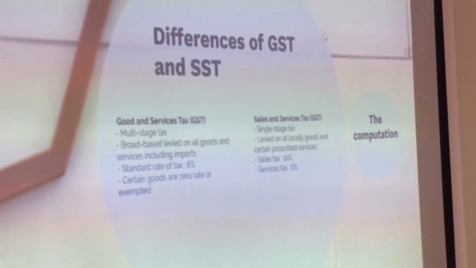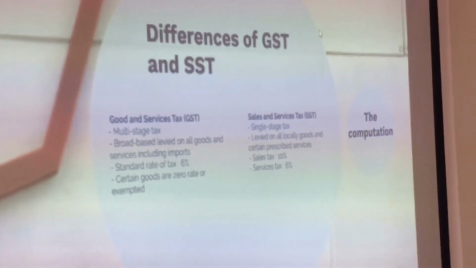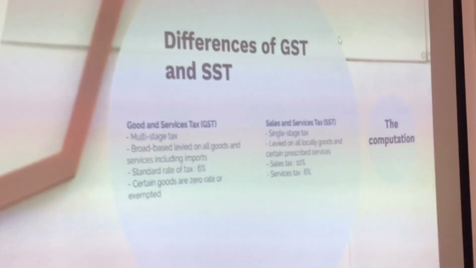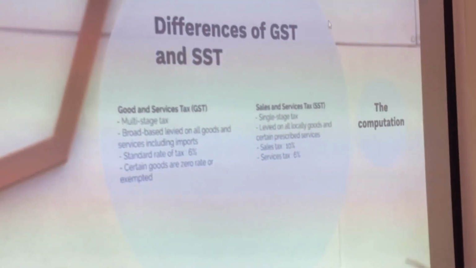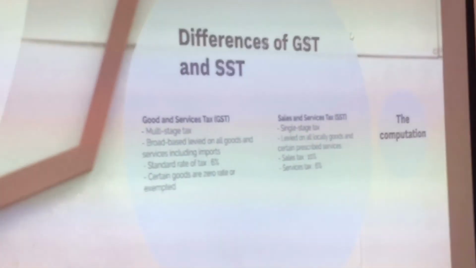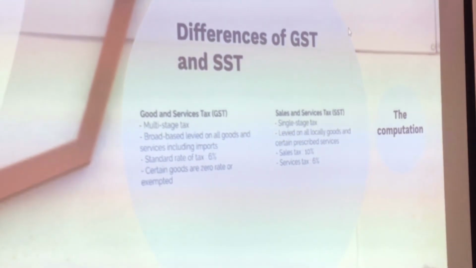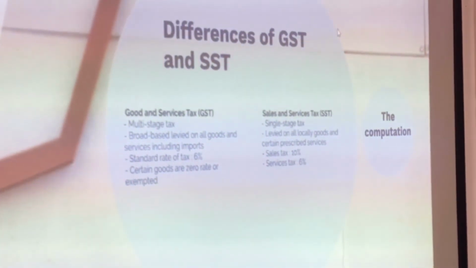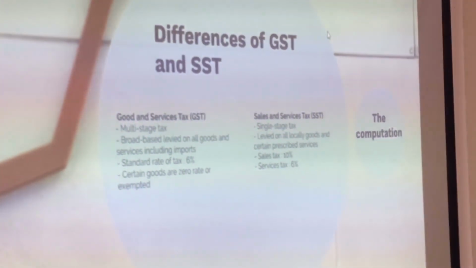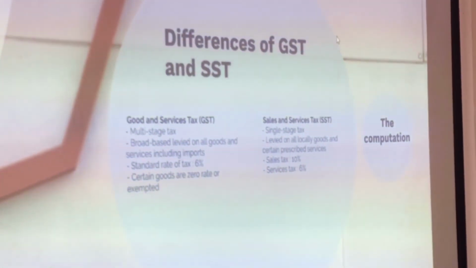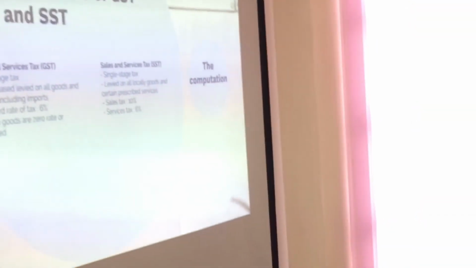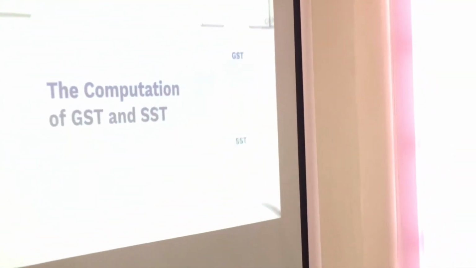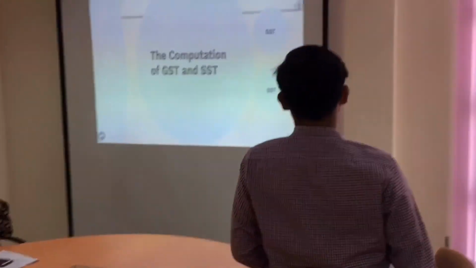The tax rate for GST is 6%, but for SST there are two: sales tax at 10% and service tax at 6%. For GST, after the new government took over, certain goods were zero rated or exempted. Next is the computation of GST and SST.